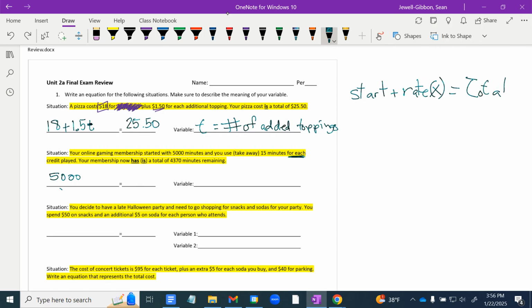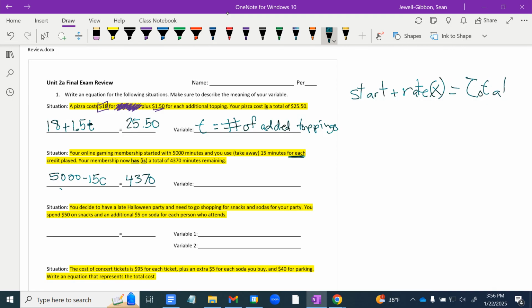So let me try this again here. Minus 15 minutes for each credit played. I'll go ahead and use C here to represent credits. And that's going to be equal to our total. So your membership now has a total of 4,370 minutes.